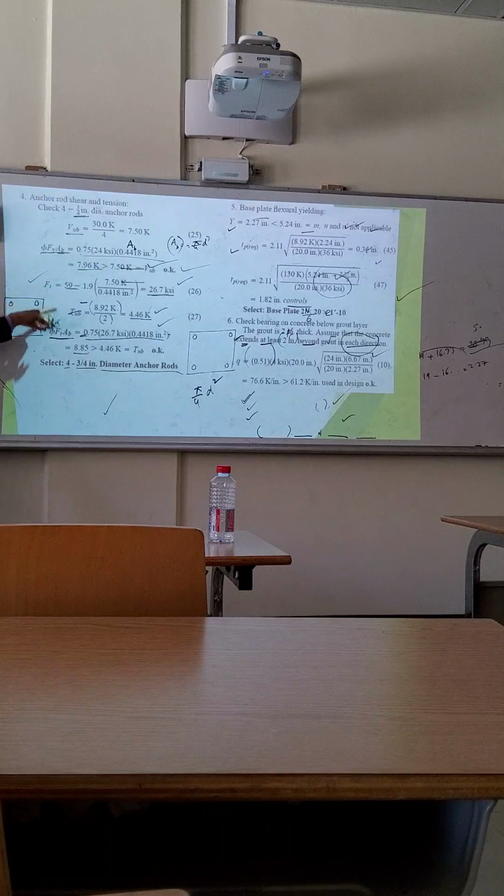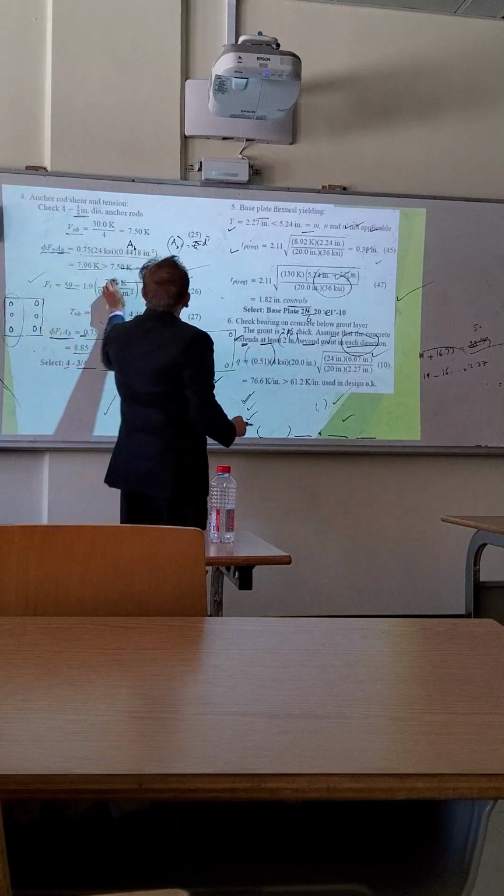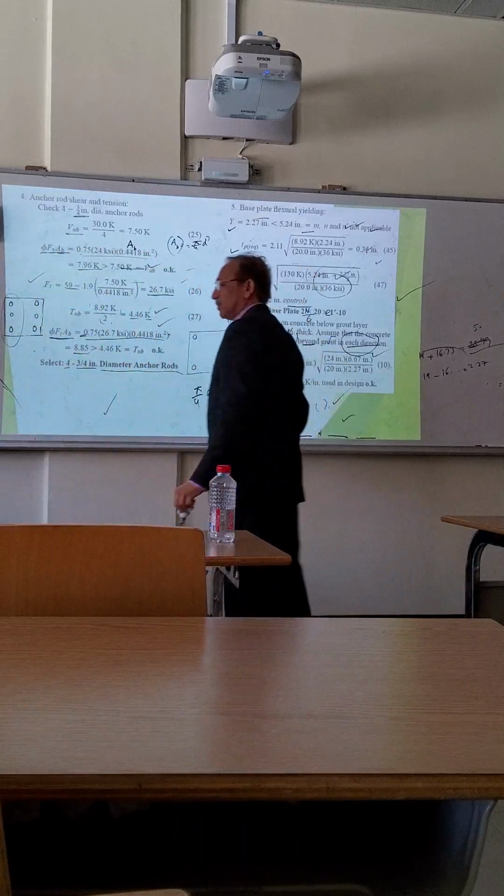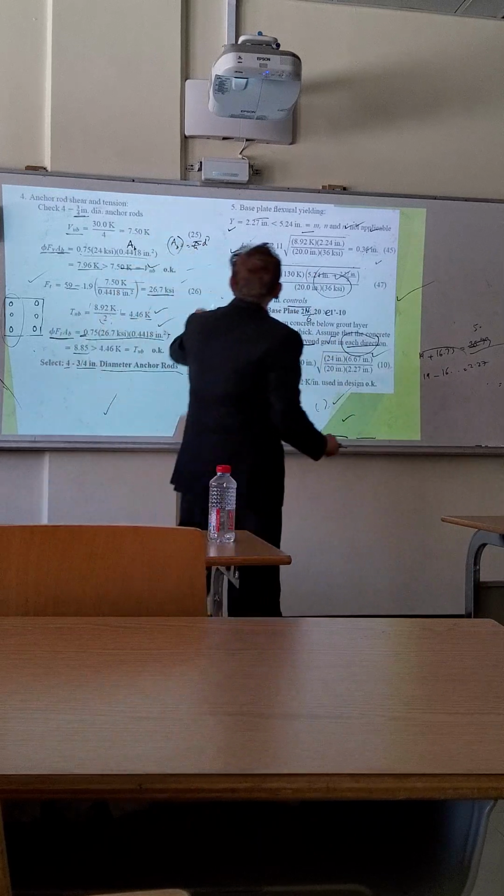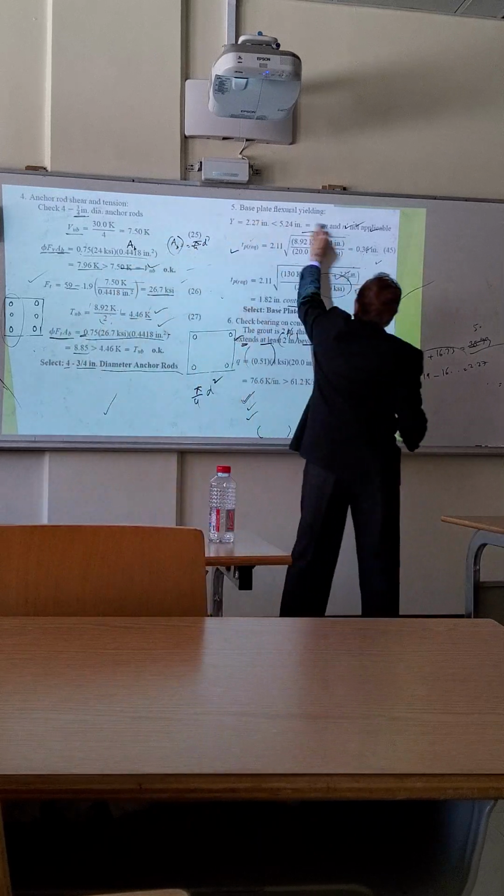Shearing will be in all the bolts, but tension will be only on one side. If your moment is in this direction, then this side will be in compression and this will be in tension. Okay. Now we go to the second part, which is for base plate thickness.